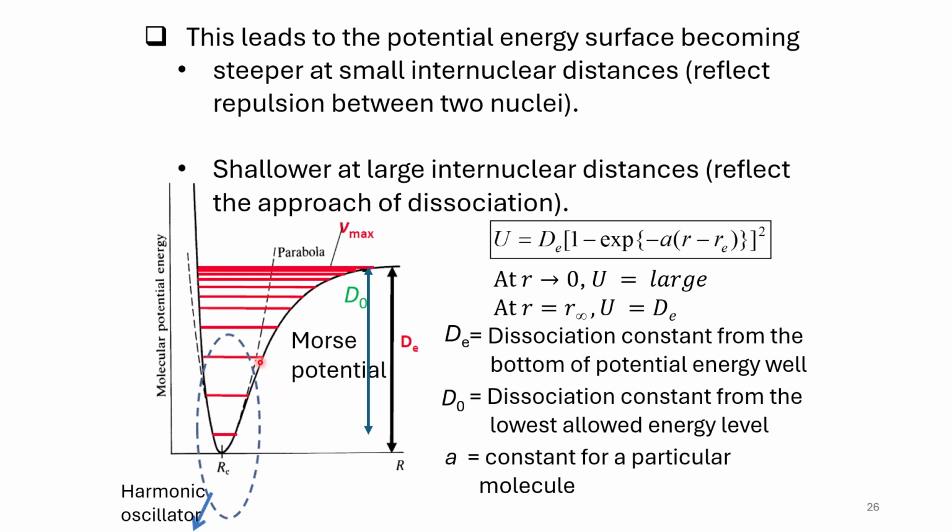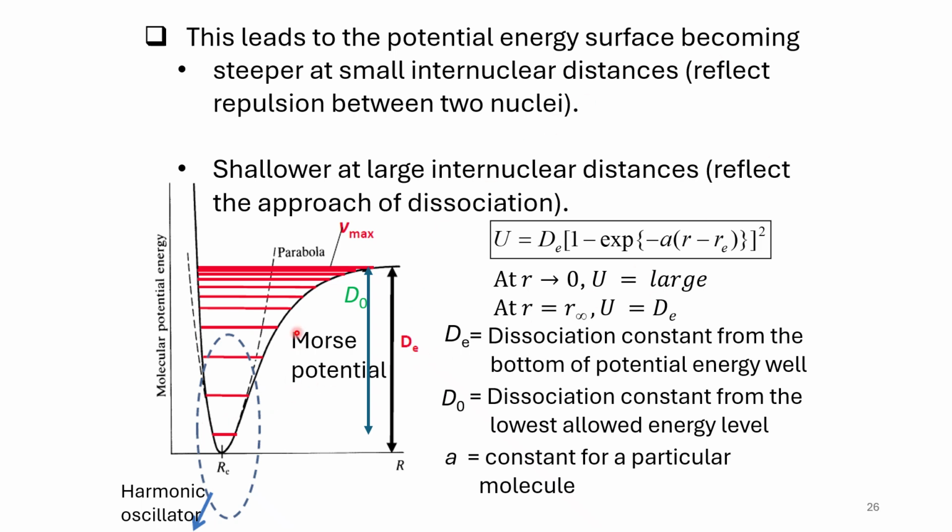The simple harmonic oscillator works very well at low vibrational states, v0, v1, when the quantum number is small, because it describes quite nicely the true potential at the bottom. As long as the displacements are small, the harmonic oscillator will work.